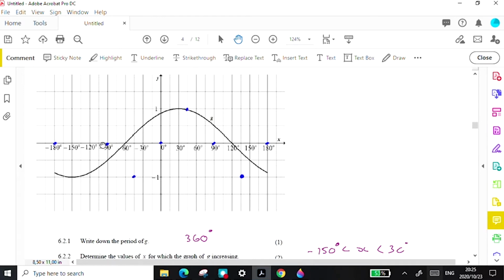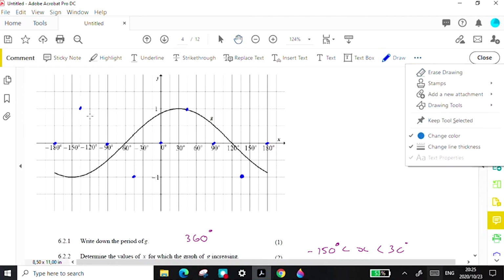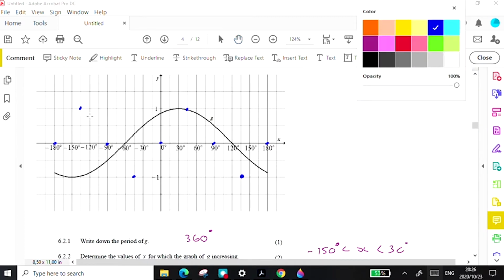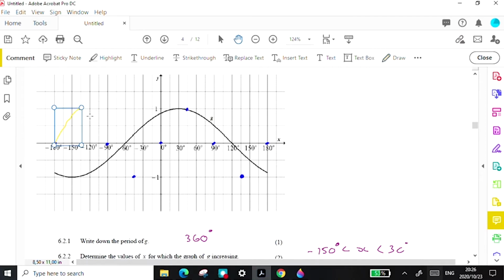And at negative 135, we should be at 1. And joining the dots, we have the graph of sine 2x.